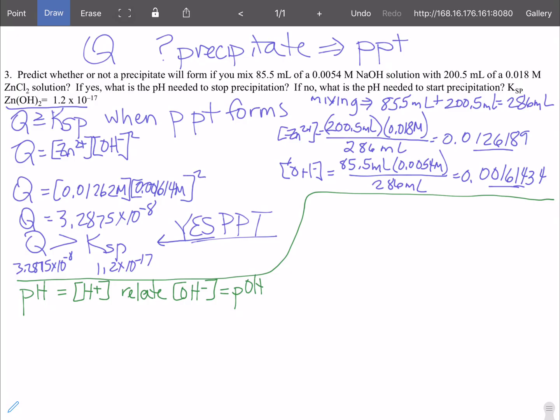Well, since we know it already is precipitating here, what we really need is when Q becomes less than KSP. Okay? So the easiest way to do that is you can go equal to and just remember to reduce it, or you can stick with less than KSP.